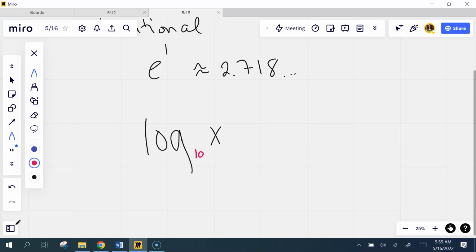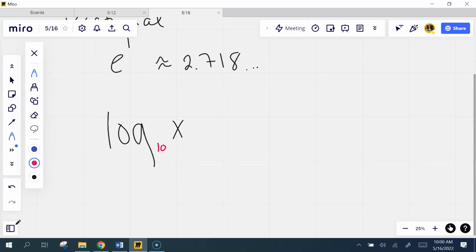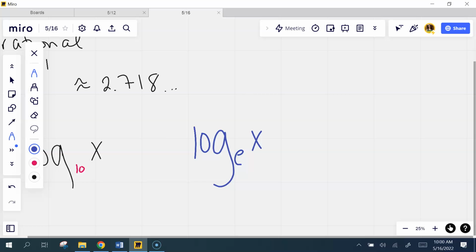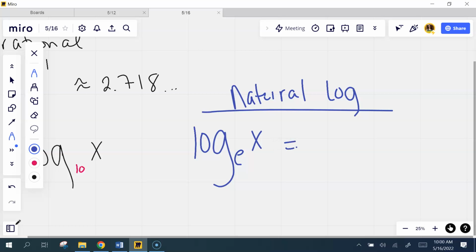Well, we can also have a base of e. And if we have a base of e, this is what we call a natural log. We can rewrite this as ln of x, and that's the same thing as a base of e. So logarithmic functions with base e are called natural logs.